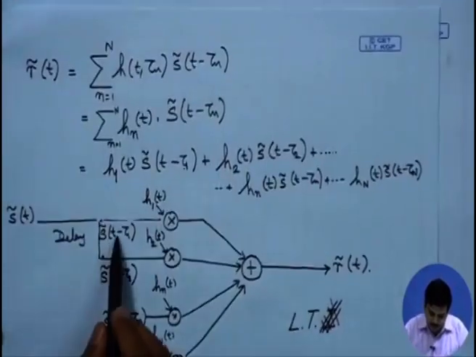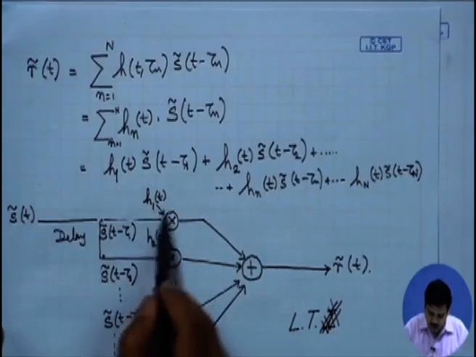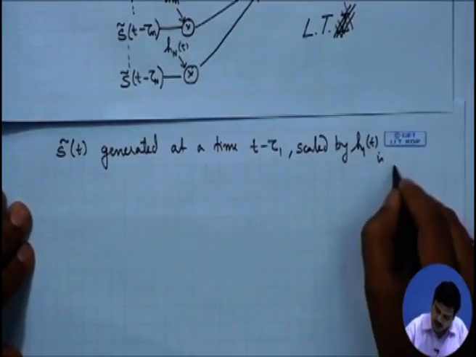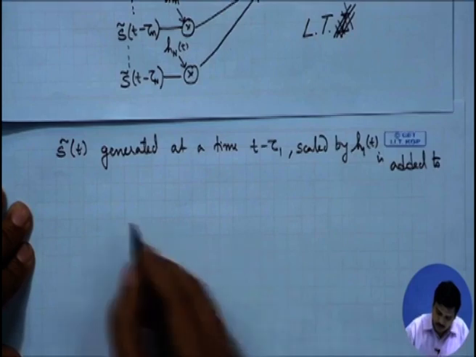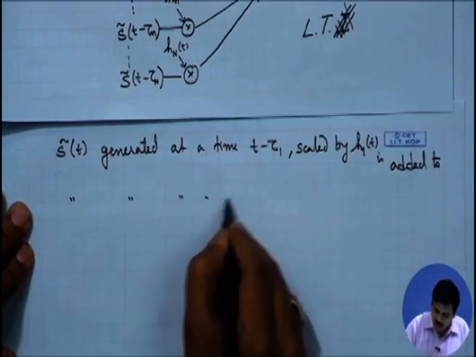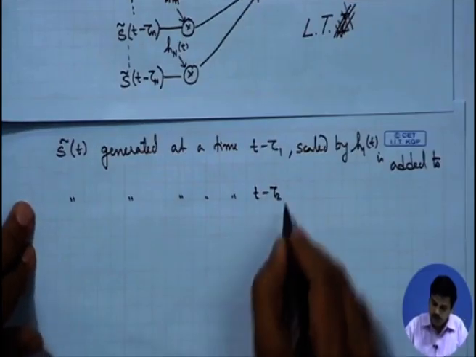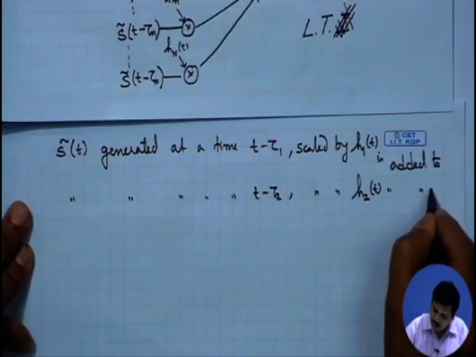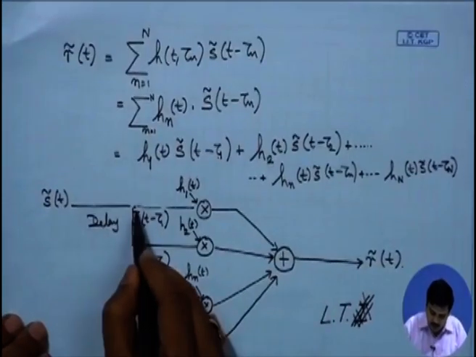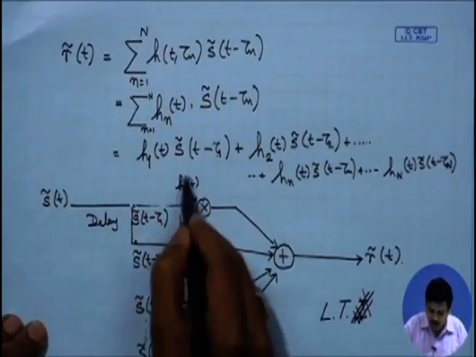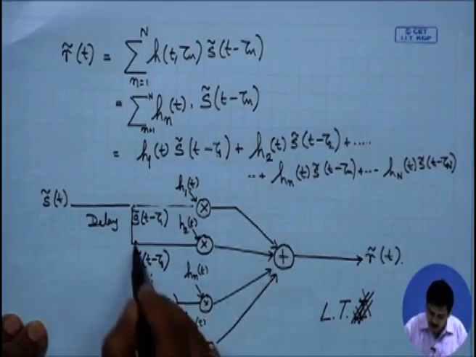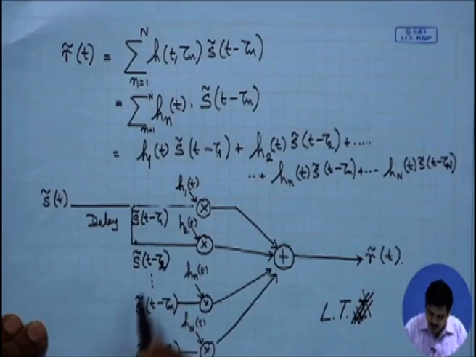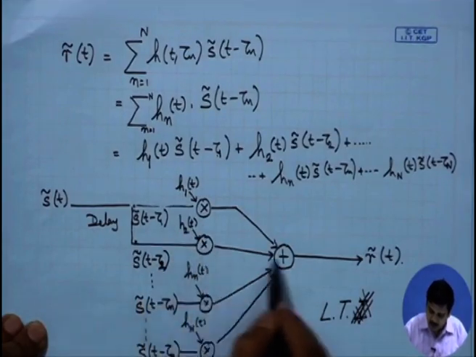If you see all this picture, generated at a time tau 1 before t, scaled by h 1 of t, is added to s tilde t generated at a time t minus tau 2 units scaled by h 2 of t and is added to the others, and so on and so forth.